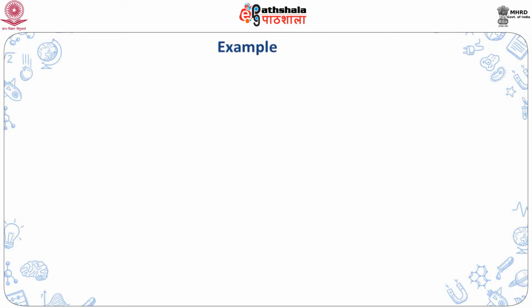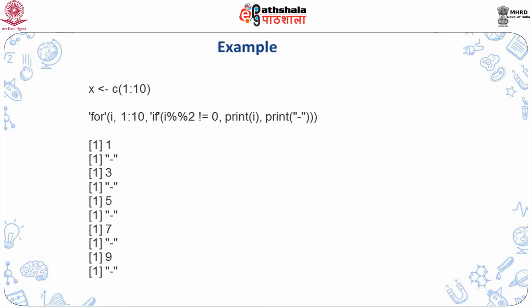So, here let us assign a vector which contains the numbers 1 to 10 within x. Now, we are using for here, and within the for loop we are using a conditional statement if. Here we are trying to check if i divided by 2, that is i modulo 2, is not equal to 0.